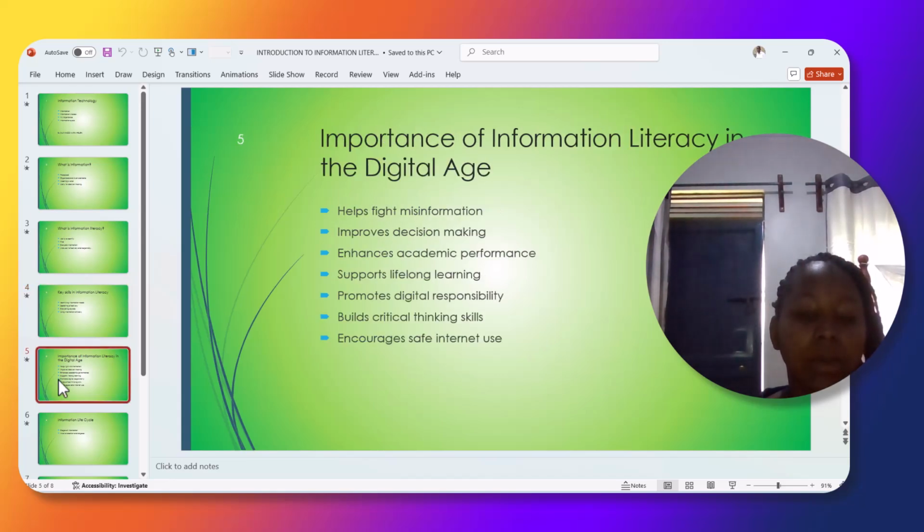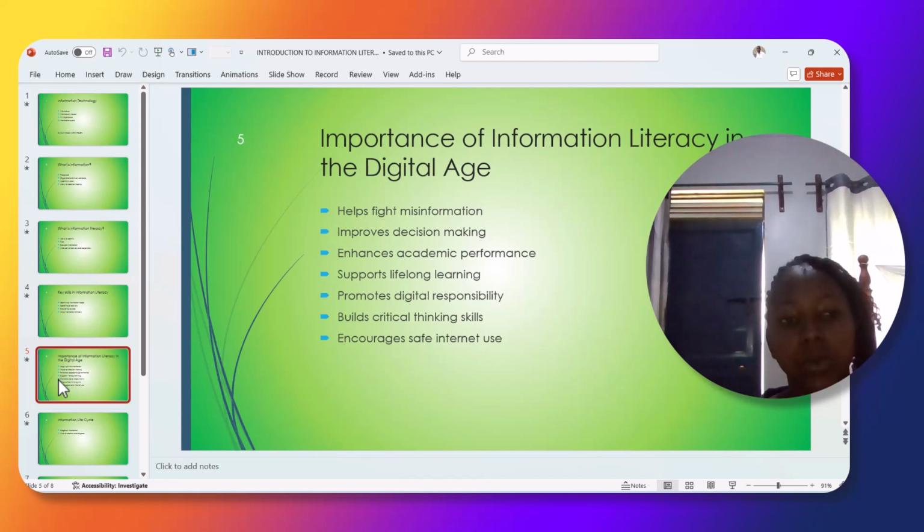Then I can talk about the importance of information literacy in the digital age. One of the first and foremost, it helps fight misinformation, like you're not sure or certain about information that you've heard from someone probably.